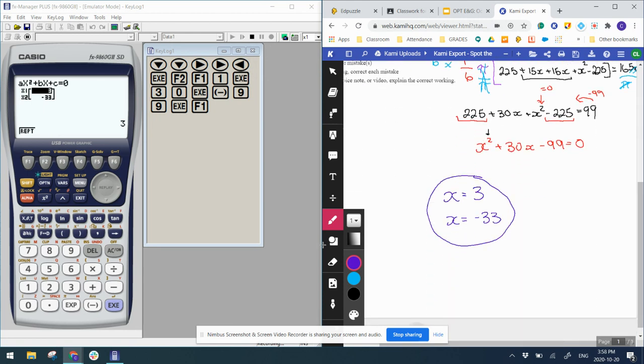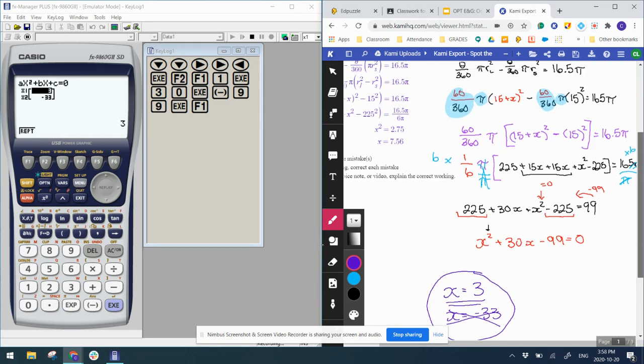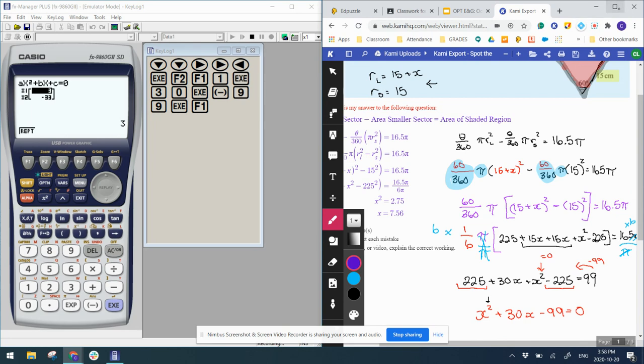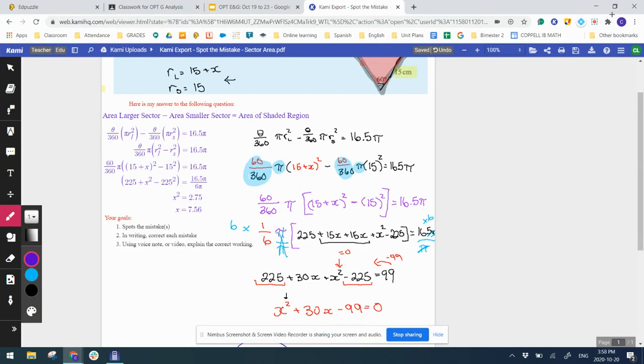So the only one that really makes sense is x equals 3. So now I have an answer, so when I spot the mistakes, I can just go through and see what doesn't match between what I did and what they did.